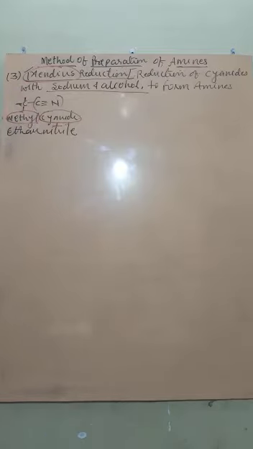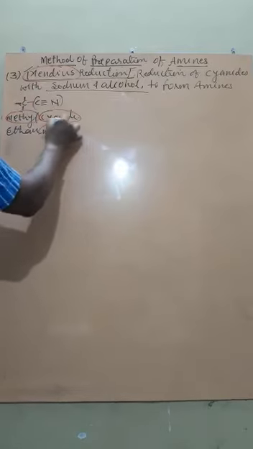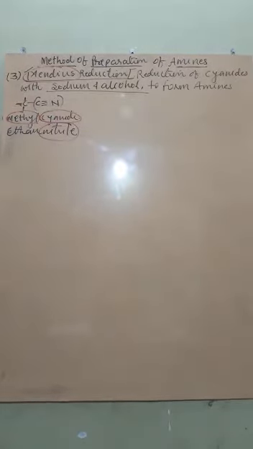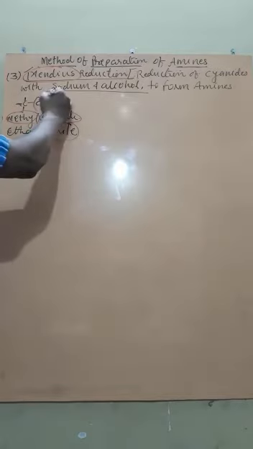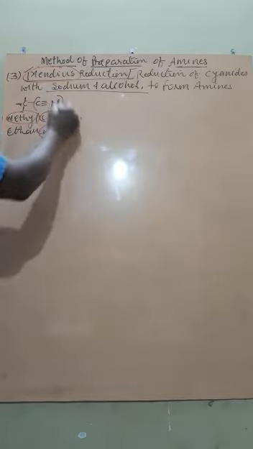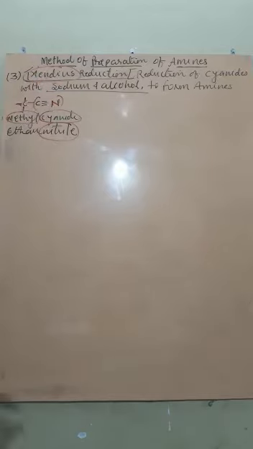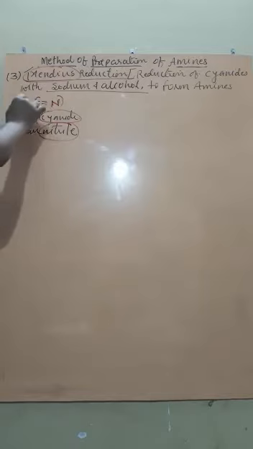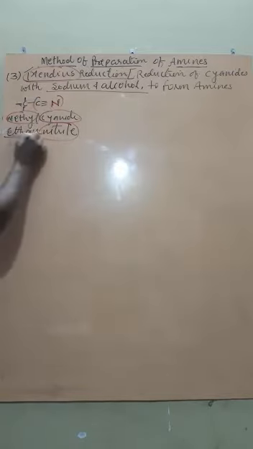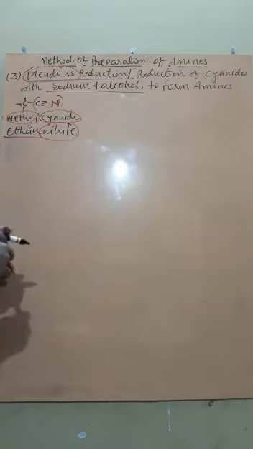But if you are treating it as a nitrile compound, then only the nitrogen is written as nitrile. Therefore, the rest of the carbon atoms are considered in the alkyl radical. So two carbons are there, and the two carbon atoms are termed ethane. Therefore, that becomes ethane nitrile.